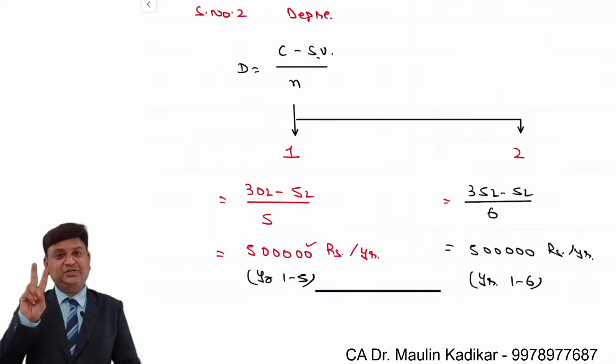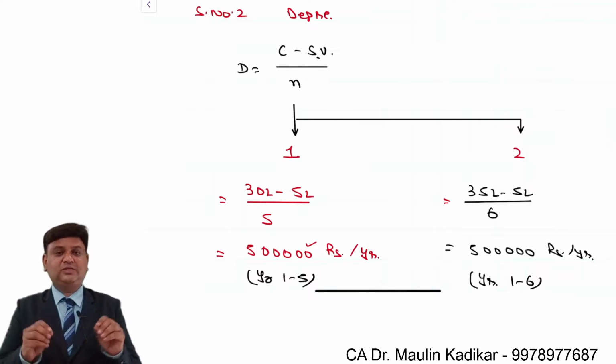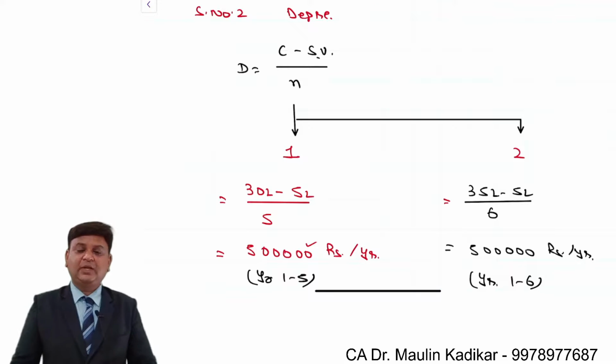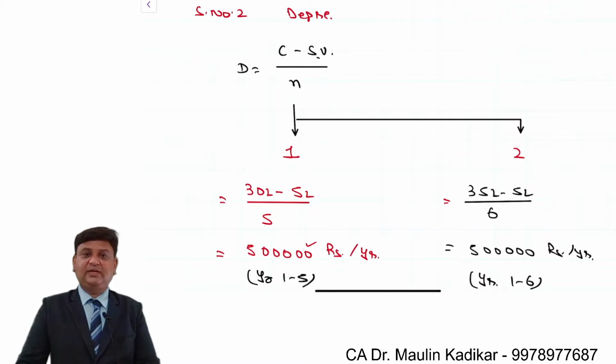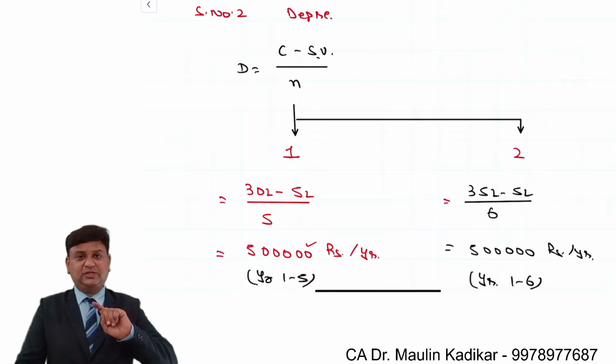Step number 2, depreciation, even though expressly income tax rate is not given. However, we can see that the earning after taxes is provided to us. So of course the tax has already been deducted along with the depreciation. So we add back depreciation to compute the CFAT.